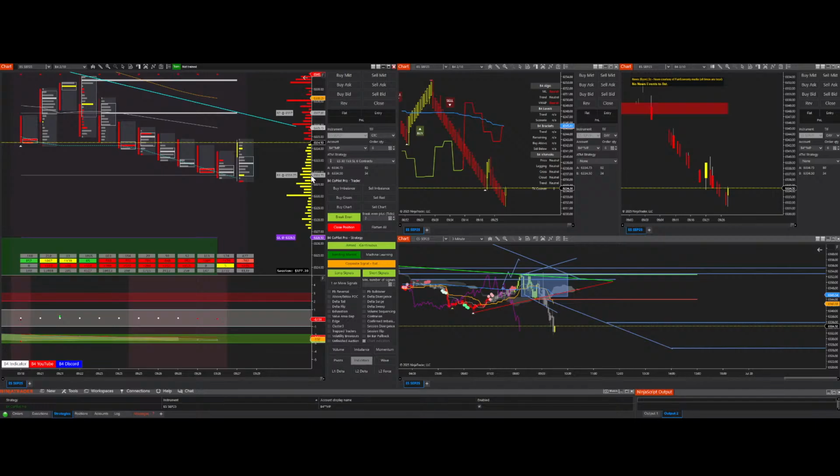Tenkan-sen and Kijun-sen. So which ones are relevant to price action right now, Walsh? I'm going to say both. If we look at it, Chikou is our history, Tenkan-sen and Kijun-sen is right now, and the ones on the cloud are future.